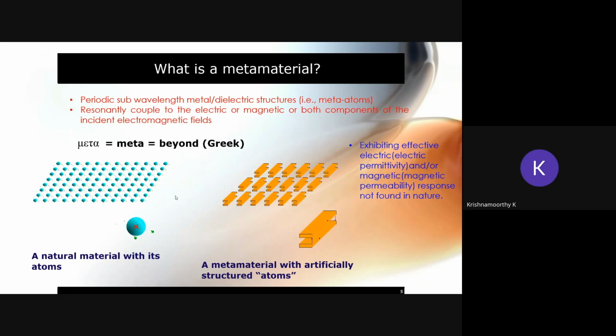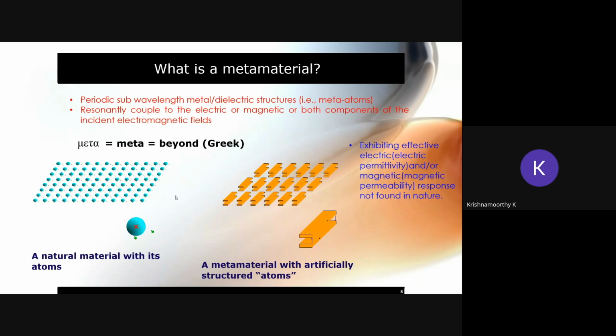Similarly, in our meta atoms also, whenever an electromagnetic wave is incident, it is going to interact with the electric field and magnetic field, and the material is going to give some kind of response to the incoming electromagnetic wave. It is going to exhibit some unusual properties compared to naturally available atoms.